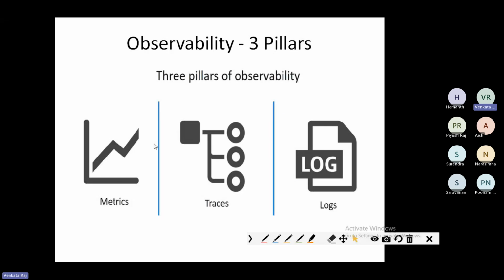And then we have the logs, guys. Now, what are logs? Whatever events are happening, if they are documented, means written to a file and that file is in a human readable format, those things we are calling logs. Yes or no, guys? Any error in the application?